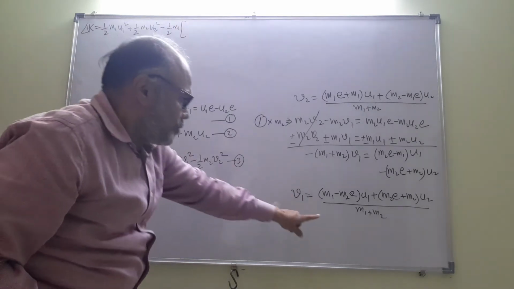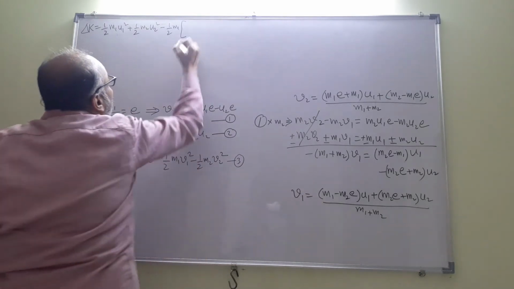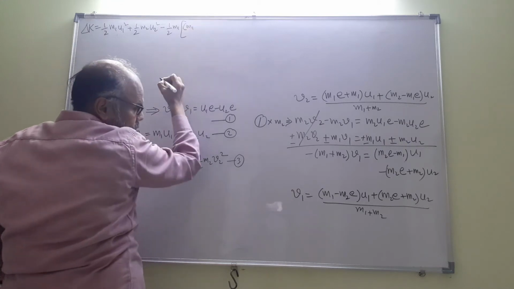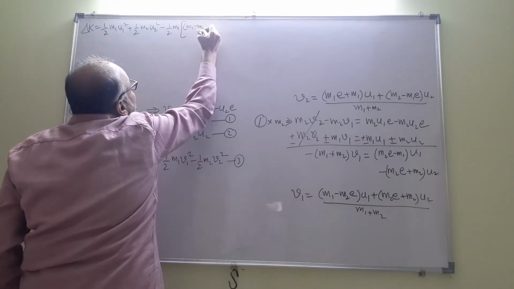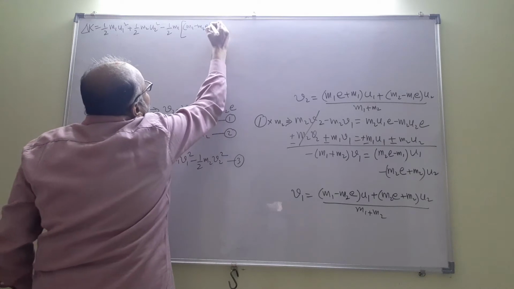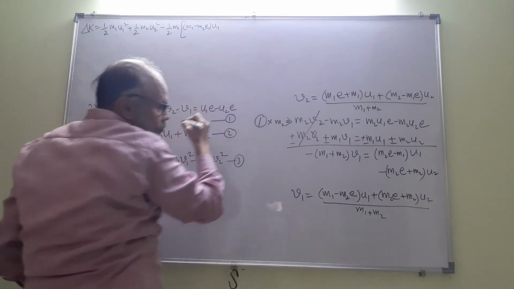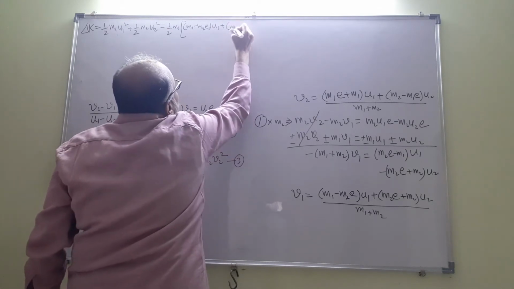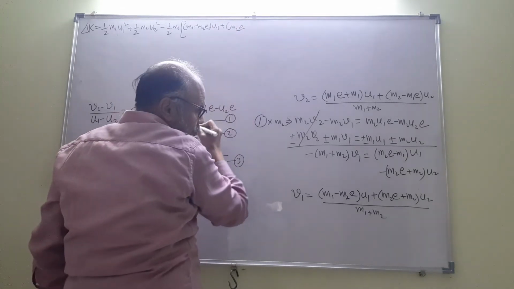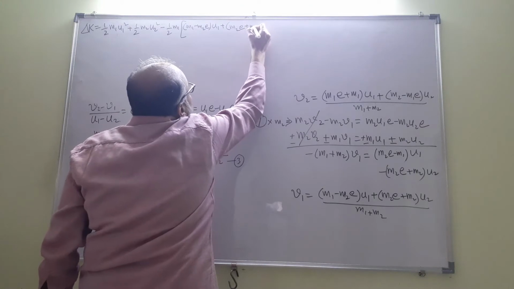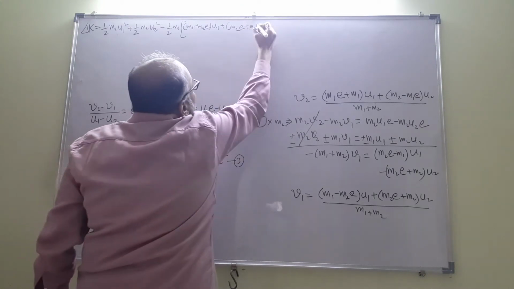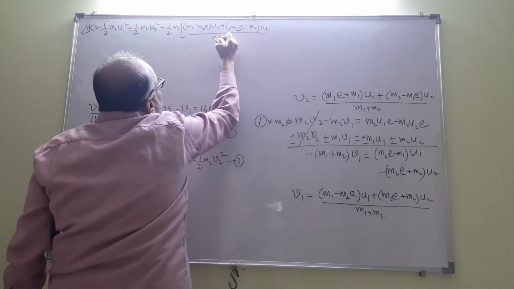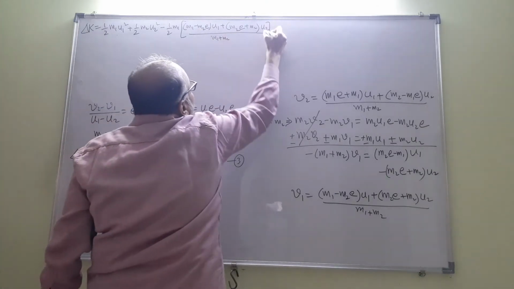We'll substitute for v1 this expression. v1 is (m1 minus m2 e) into u1 plus m2 (1 plus e) u2, divided by (m1 plus m2), the whole thing squared.